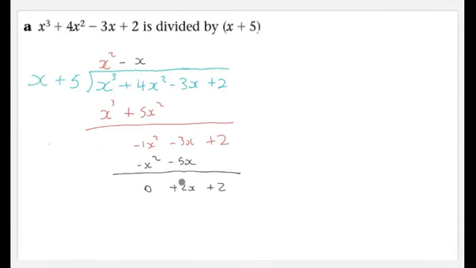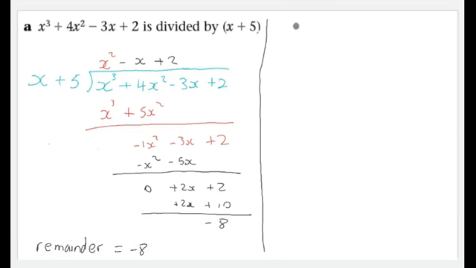Then we have x into plus 2x, which is plus 2. 2 times x is 2x. 2 times 5 is 10. So that gives us minus 8. This actually tells us that the remainder equals minus 8.